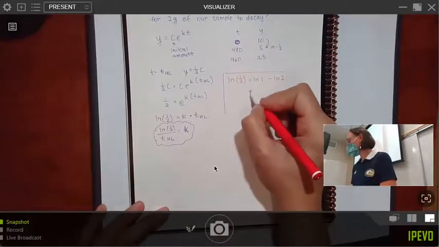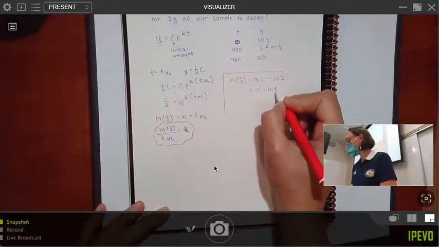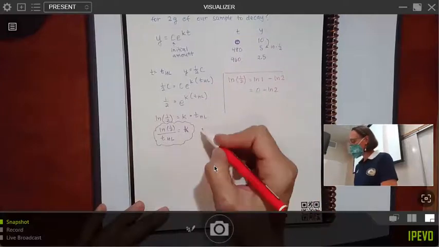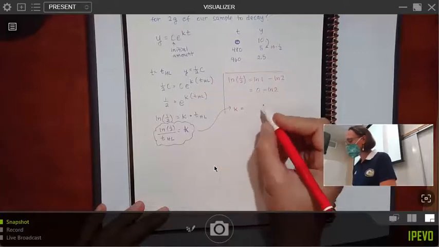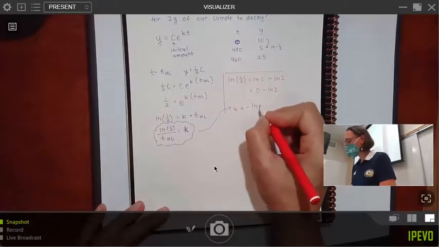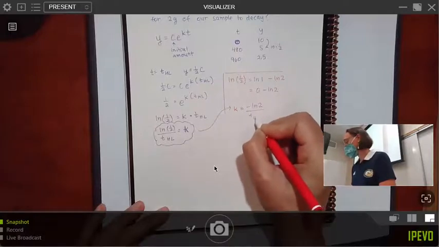But natural log of 1 is 0. So the other version of this formula looks like k is equal to negative ln 2 divided by T half-life.